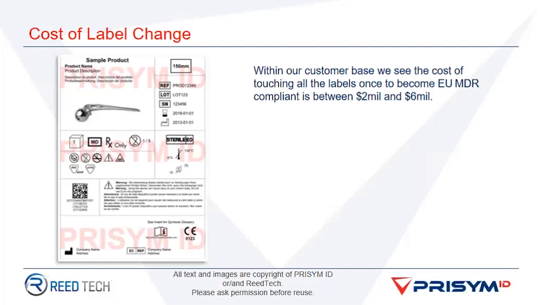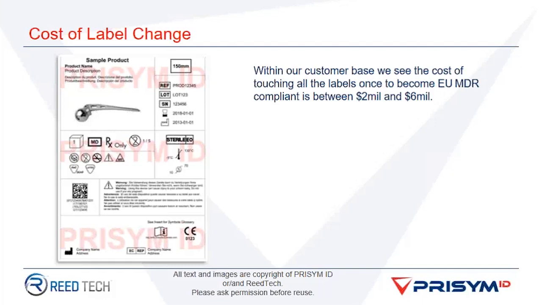Now, some of the companies that we're talking to have actually looked at this and looked at their existing systems, and by 2022, they're looking at replacing their existing validated labeling systems, maybe because the platforms will no longer be supported, or it's within their normal timeframes where they would be updating their systems.